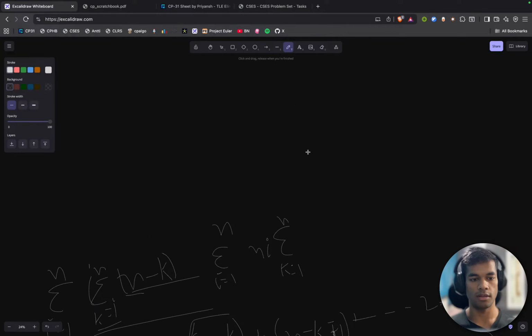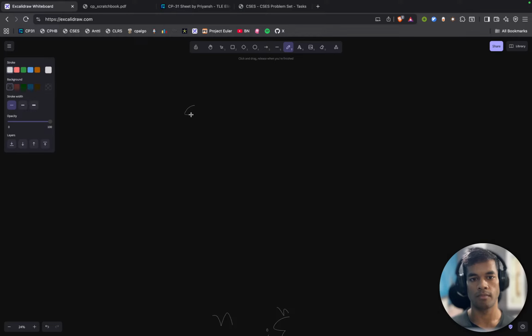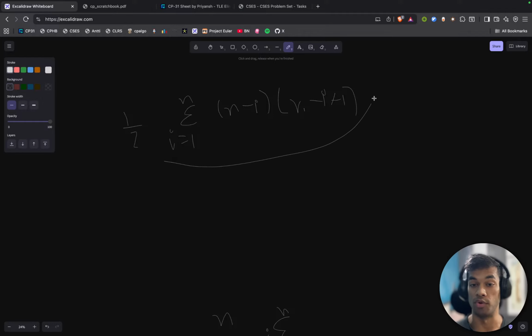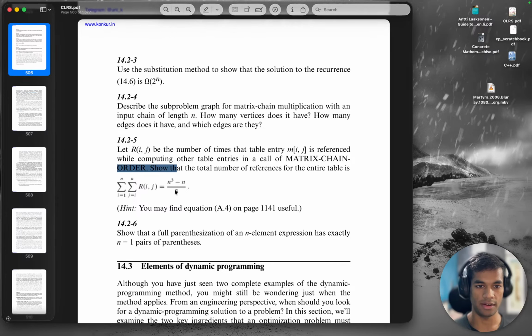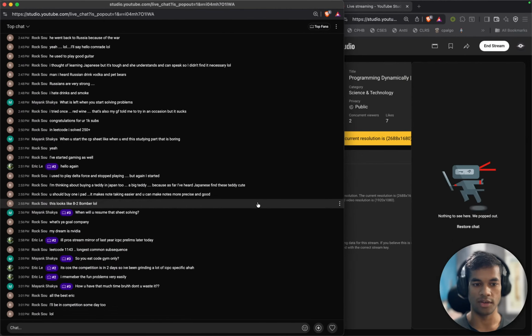So we can write this as summation I equals 1 till n, n minus I into n minus I plus 1, with 1 by 2 outside. I wouldn't know how to solve this summation. Surely this would end in something like n cube minus n.